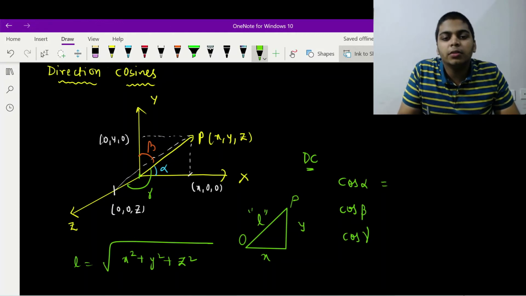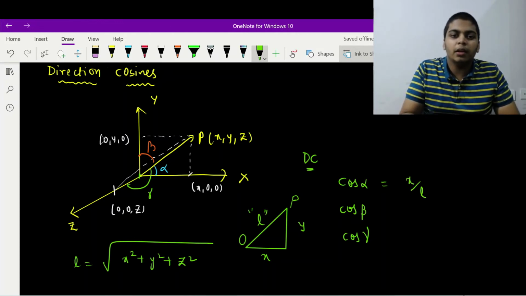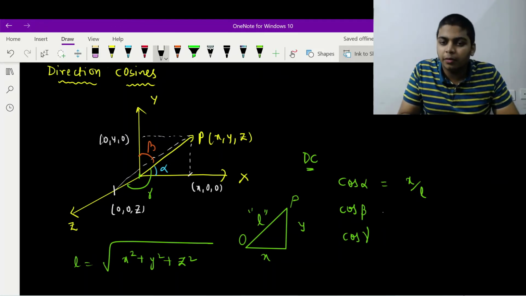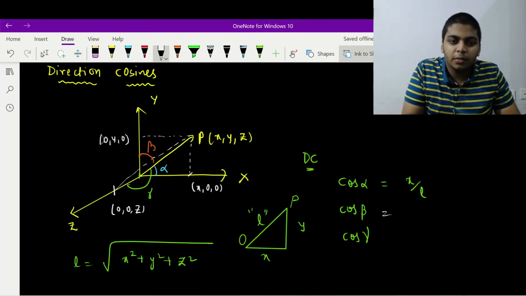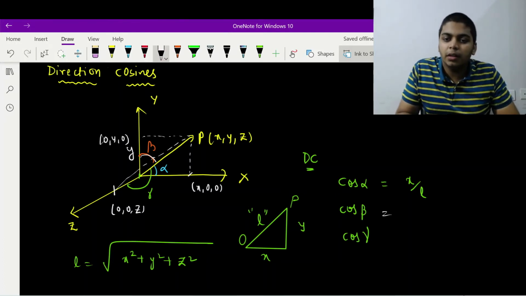Your cos alpha will be simply adjacent side by hypotenuse, so x by L, and your cos beta will be adjacent side by hypotenuse, and your adjacent side is y, right? So it will be y by L. And cos gamma will be your adjacent side by hypotenuse.